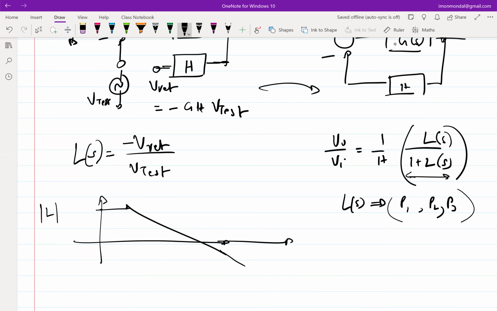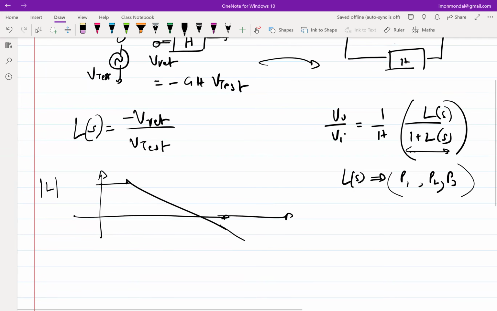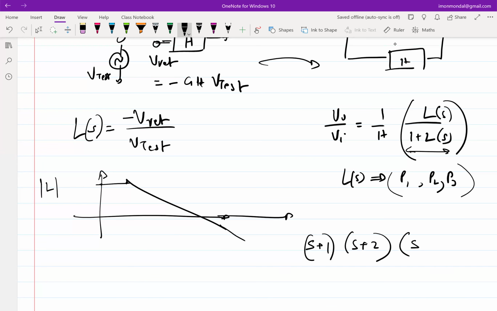Let me give you an even more trivial example. Let's say L of S is S plus 1 times S plus 2 times S plus 3. Right? So the poles of L of S, or roots of L of S, are at -1, -2, -3. Can you intuitively, without taking much time, tell me what will be the roots of 1 plus L of S?